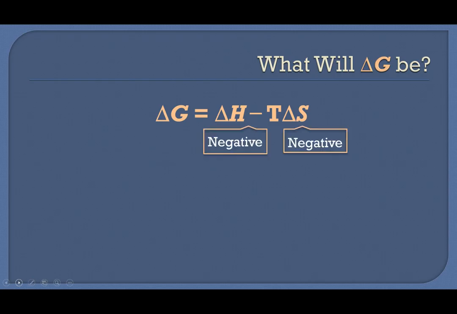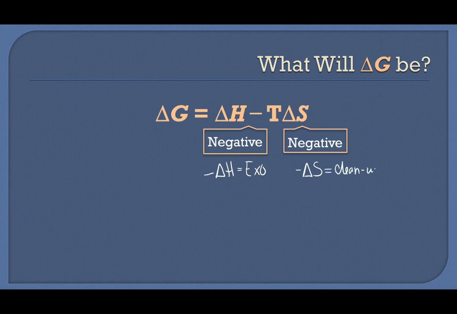So what if we have a negative enthalpy change and a negative entropy change? So negative delta H is exothermic, so heat is exiting the system. Well, that's favorable. And delta S is also negative, but that's the cleaning up, right?